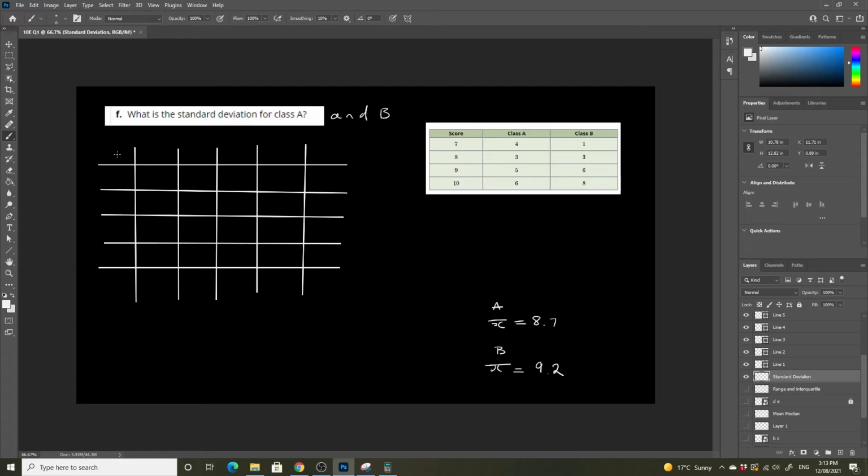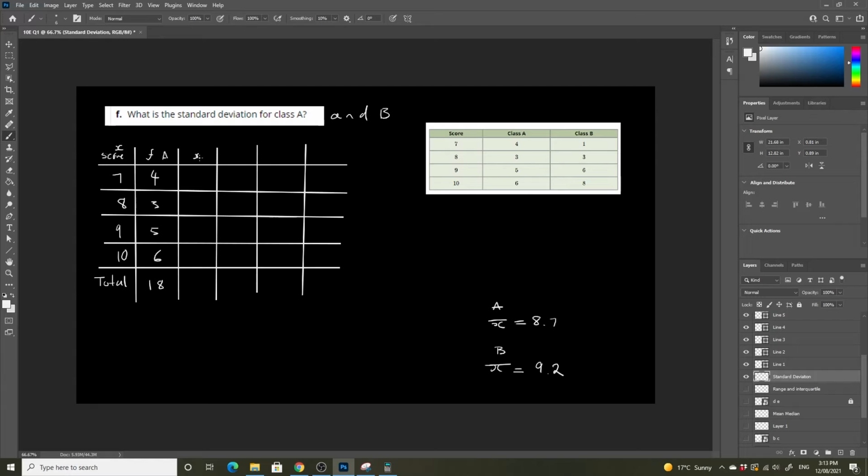So firstly, the score. So 7, 8, 9, and 10, and then we'll put in one column for our total. We'll just call the score x. Then we'll do our frequencies for class A, which is going to be 4, 3, 5, 6, and the total frequencies are 18.